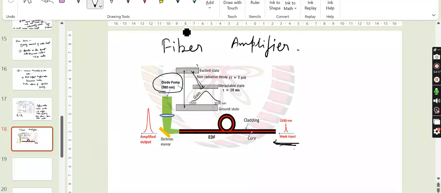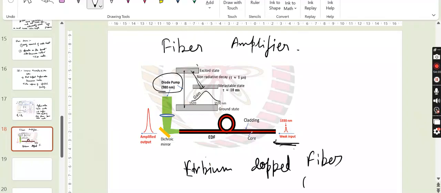The ability of EDF, which is erbium doped fiber, to amplify light at 1550 nanometer, where glass fibers are practically lossless, has been used in optical communication.